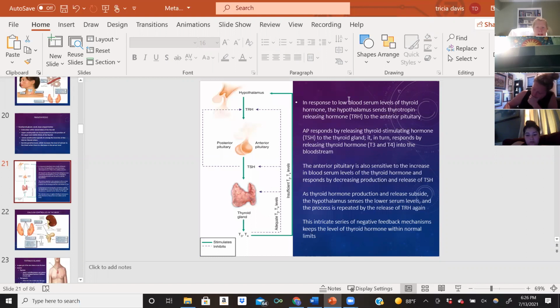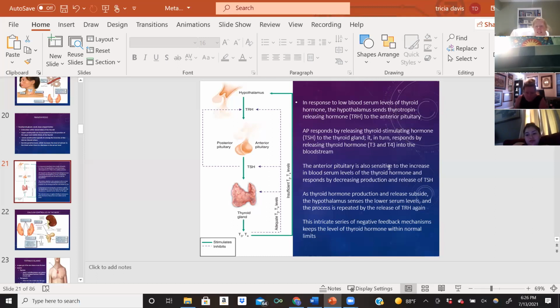When the body senses that there are low blood serum levels of thyroid hormone, the hypothalamus, which is that master gland, is going to send TRH to the anterior pituitary. That anterior pituitary is going to then release TSH, which is that thyroid stimulating hormone, to that thyroid gland. In turn, it's going to respond by releasing the thyroid hormone, T3 and T4, into the bloodstream.